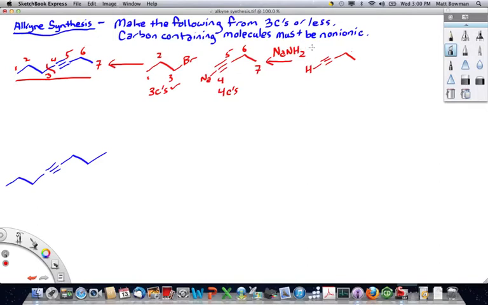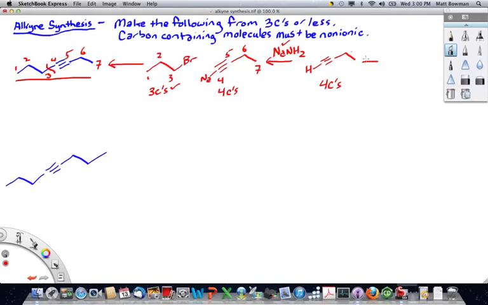This deprotonates that and gives us our deprotonated alkyne. This molecule contains 4 carbons, so it doesn't obey the rules yet. This NaNH2, well, it's an ionic compound, but it doesn't contain any carbon, so we're okay to use that. So I'll have to make him.